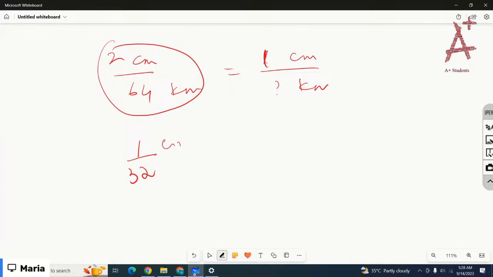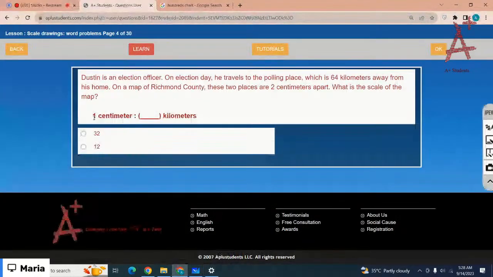That means 1 centimeter equals 32 kilometers in the drawing, right? 32 is the correct option.